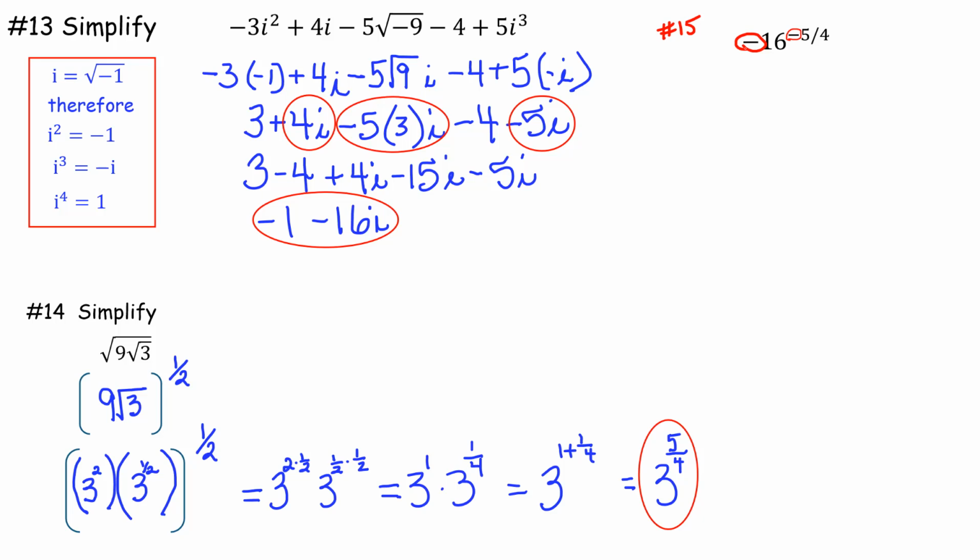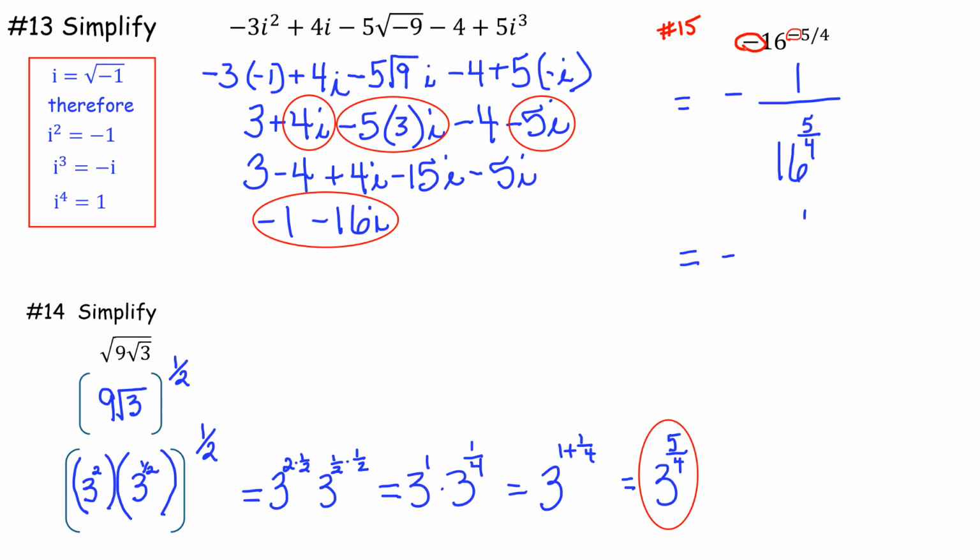So that minus sign in front of the 16 just sits there for this whole problem. So negative 1 over 16 raised to the positive 5/4. So all we do with that negative exponent is take the reciprocal of the base and change the sign on the exponent.